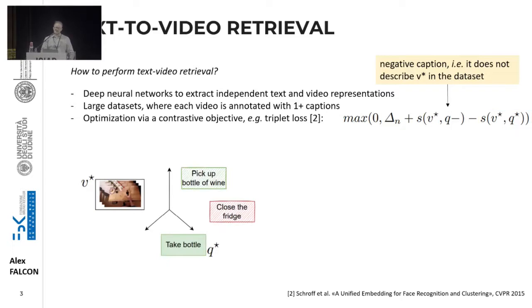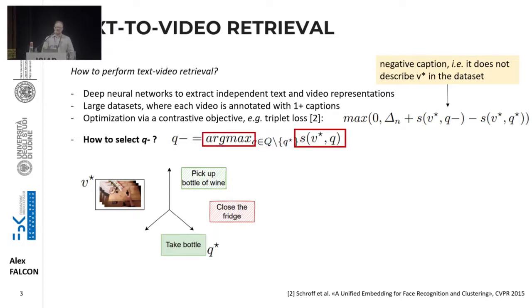Visually, we have V-star, we have Q-star, and we have several other captions in our embedding space. The main question is, how do we select Q-minus? A typical approach is called hardest negative mining, which means that we look at the negative captions and pick the one that, in the current network state, has the highest similarity to the video.